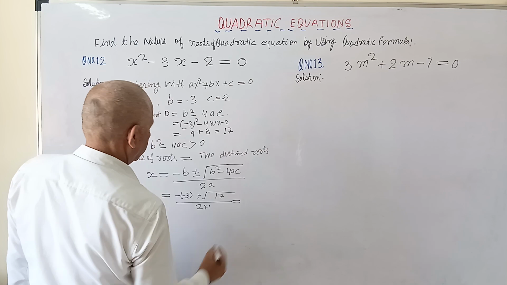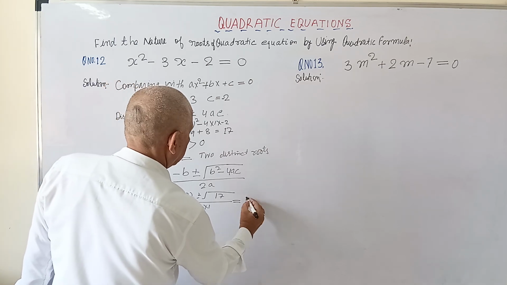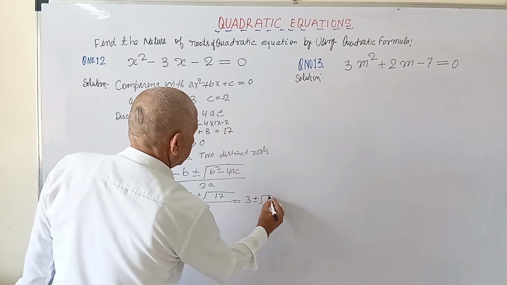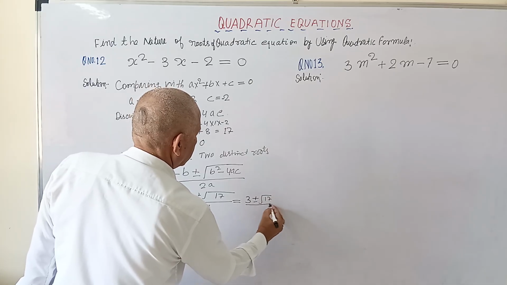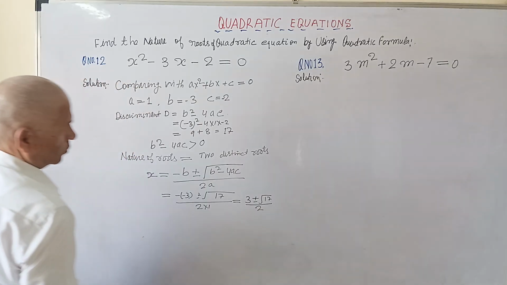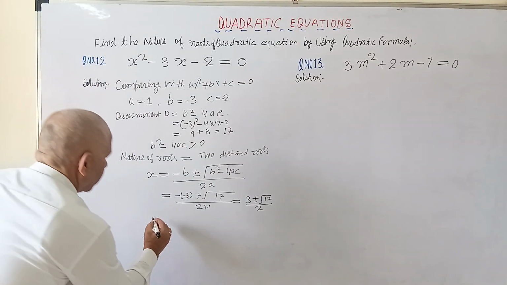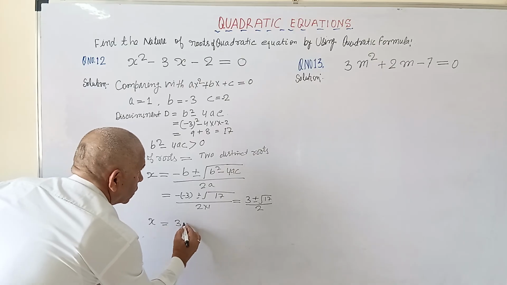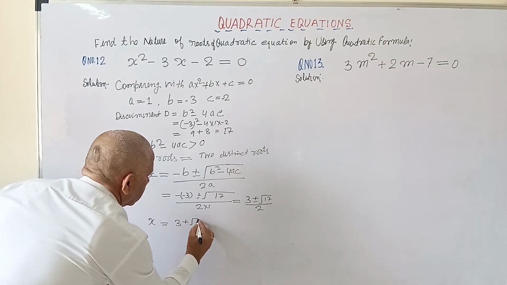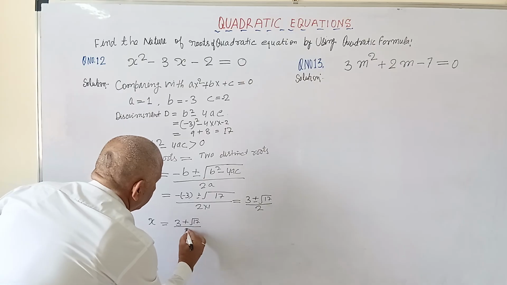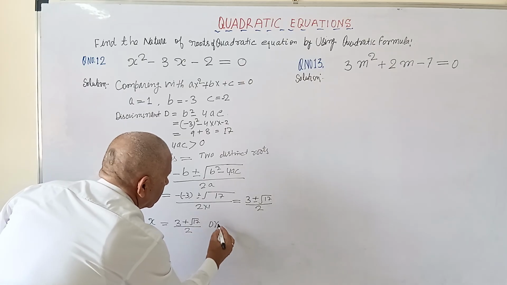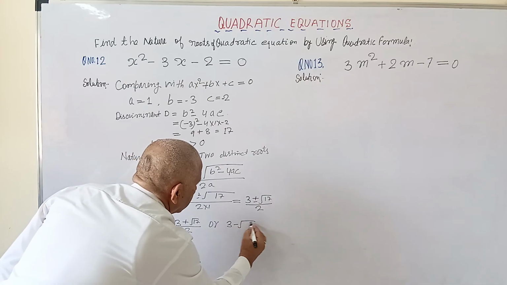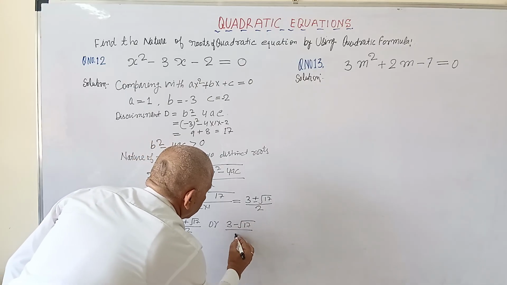This will be equal to 3 plus minus under root 17 upon 2. Now the value of x will be x equals 3 plus under root 17 by 2 or 3 minus under root 17 by 2.